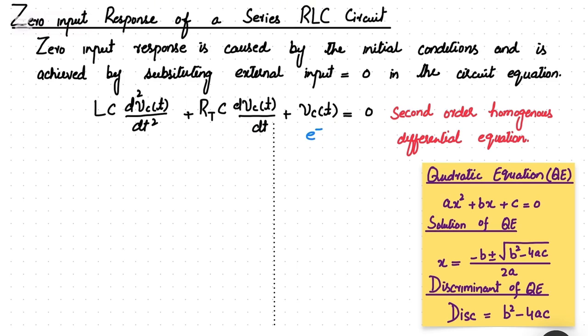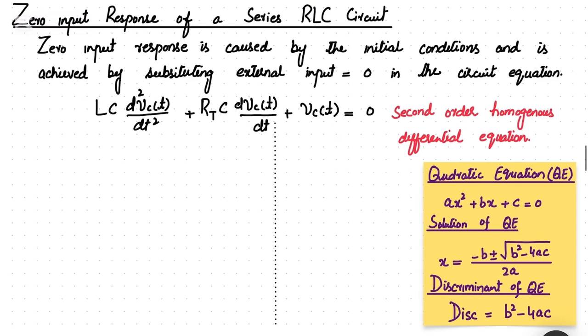It means the general solution of this type of equation would be Vc of t equal to an exponential function of the form k into e raised to power st for t greater than or equal to 0. This is the general solution of the second order homogeneous differential equation written over here.